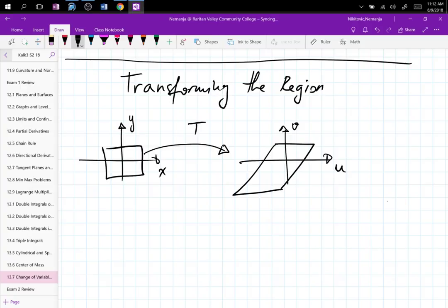So the transformation function is the one that will change that region. Now we can also do it the other way as well. You can start in either one of these and use the transformation to go to the other. It's invertible.